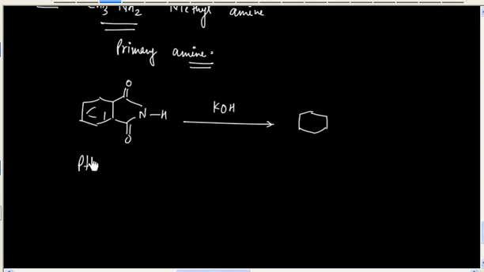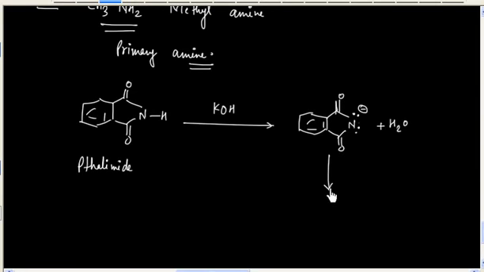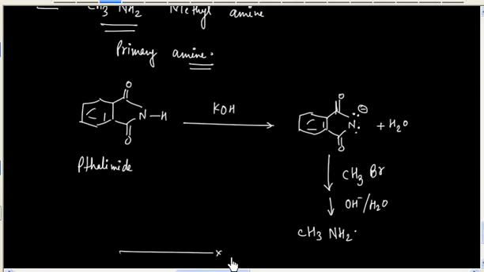So this is phthalimide. Now next step, we can treat this one with CH3Br, and then we can do hydrolysis, basic medium hydrolysis, and this will generate CH3NH2.